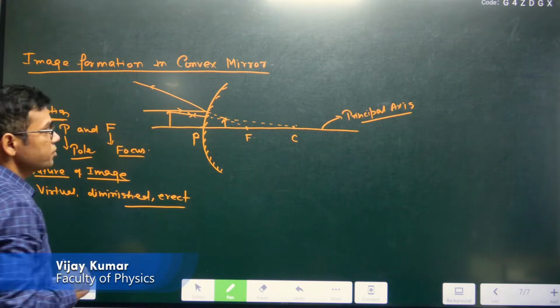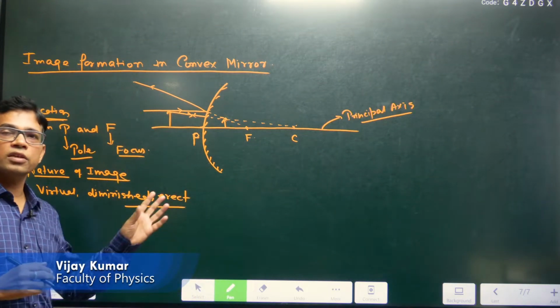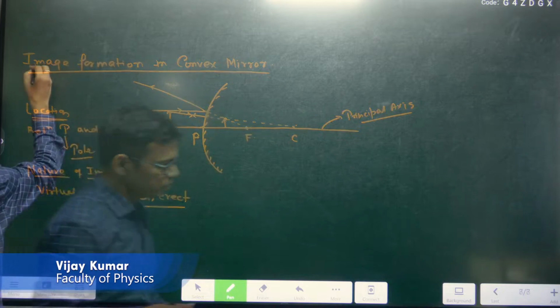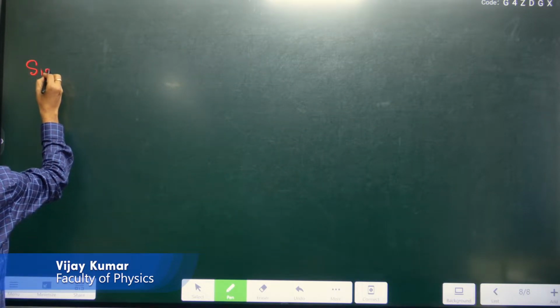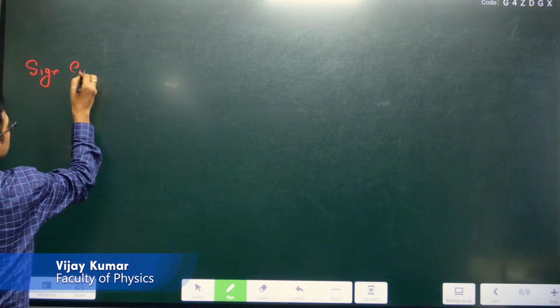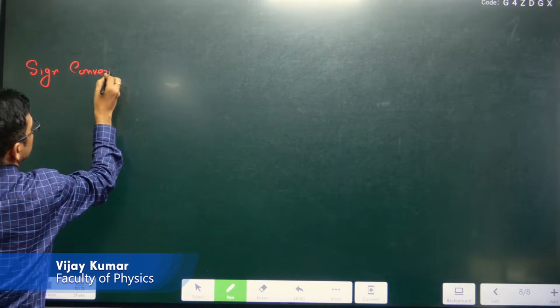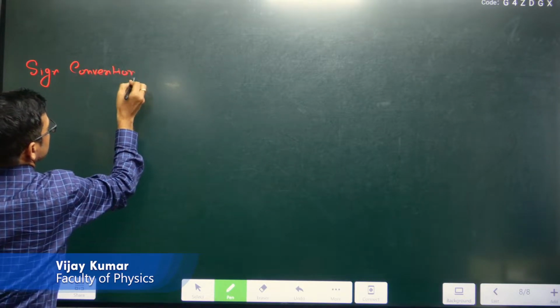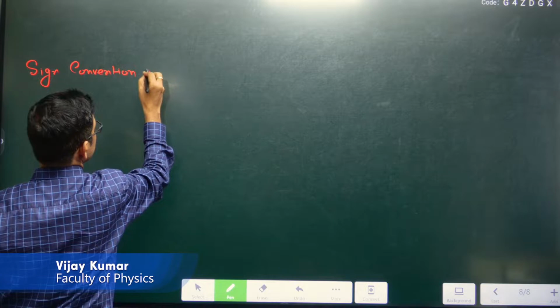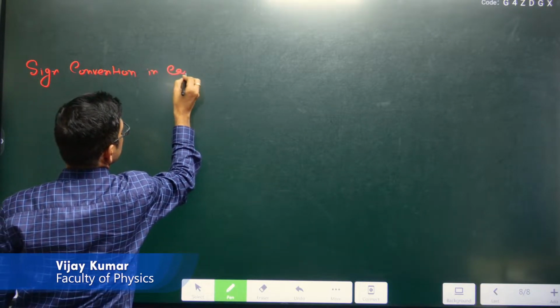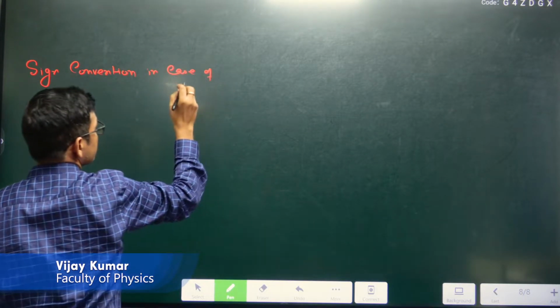So now come to the sign convention in the case of the mirror. Sign convention in case of curved mirror.